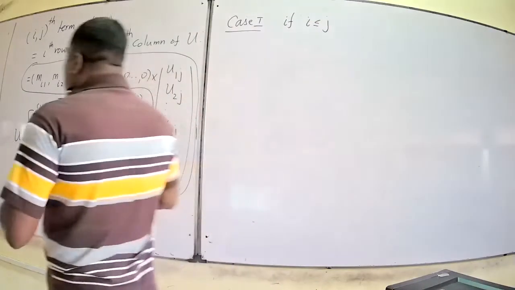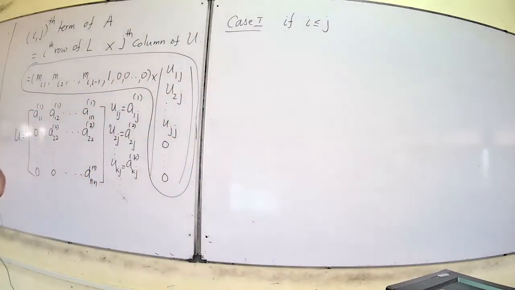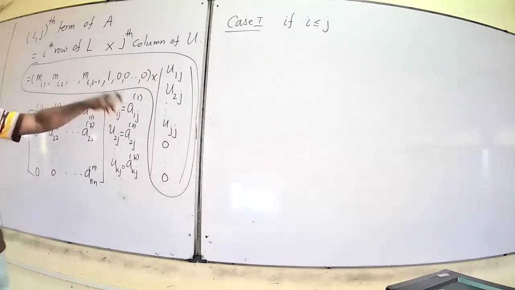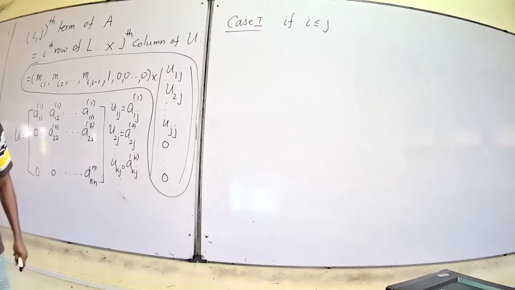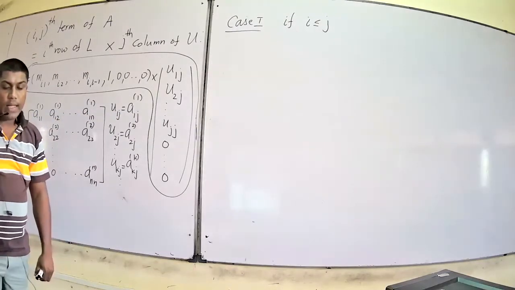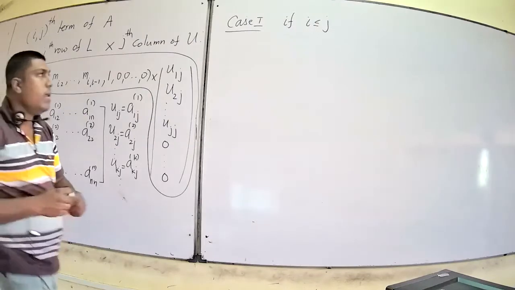So if i is less than or equal to j, then the number of terms here is smaller than the number of terms here. The equal case is the same number of terms, so let us consider the best possible case, that is the equal case.